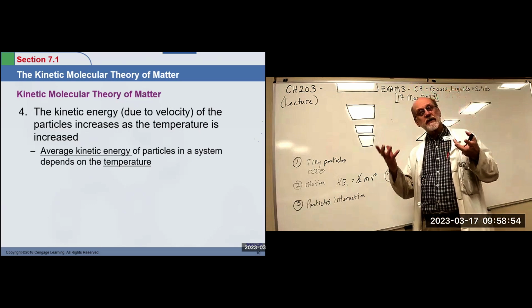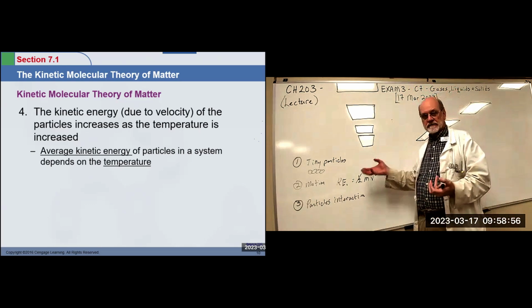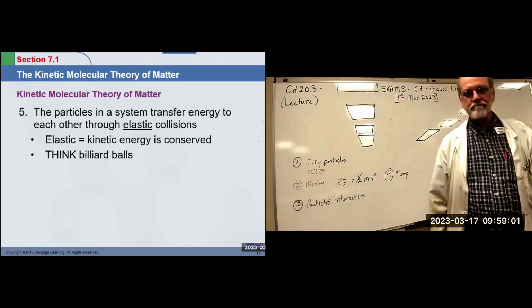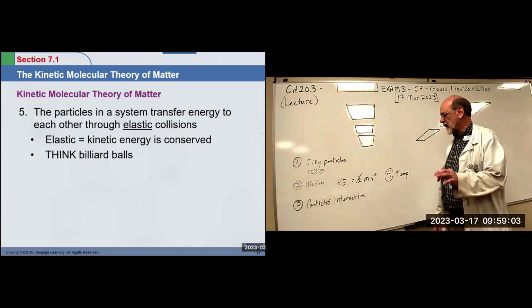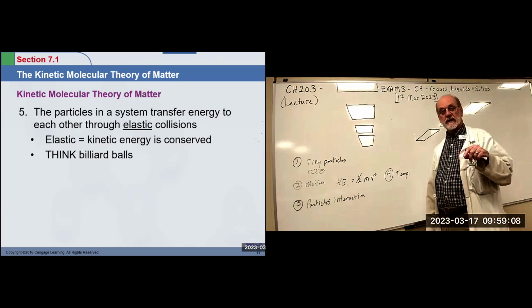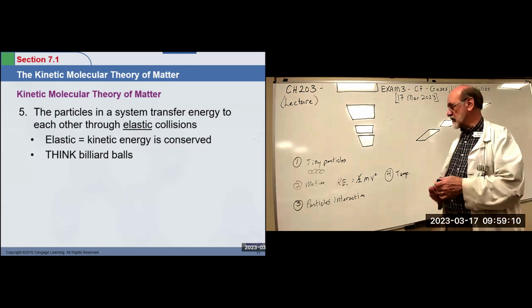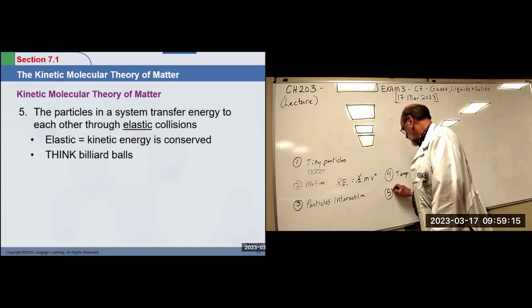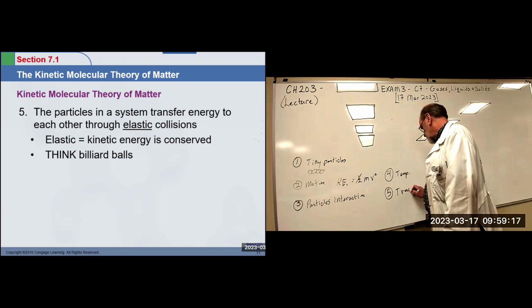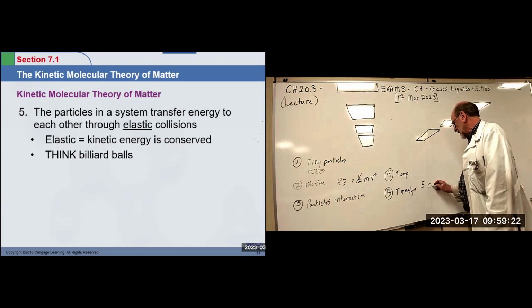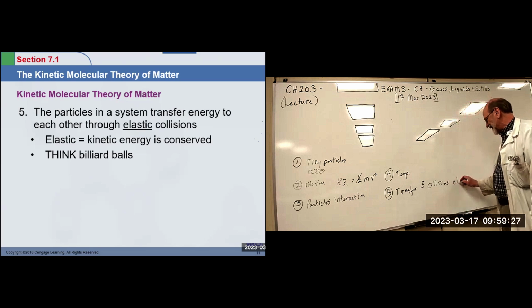So as the temperature goes up, their kinetic energy increases. When these particles collide, they transfer energy to one another by elastic collisions. So the transfer of energy occurs by collisions, and these collisions are considered to be elastic.